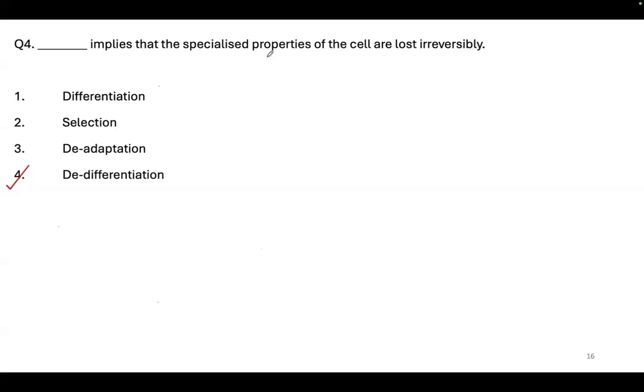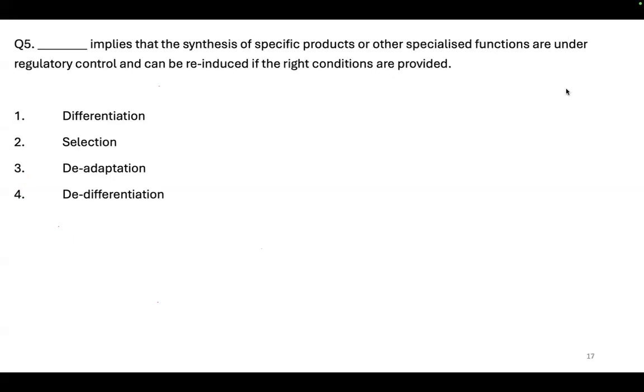When you're de-differentiating them, you're going back, and ideally those properties are not lost. So this one would be de-differentiation. But now a similar question: which process implies that the synthesis of specific products is under some regulatory control and they can be reintroduced if the right conditions are provided? Now this one is de-differentiation.